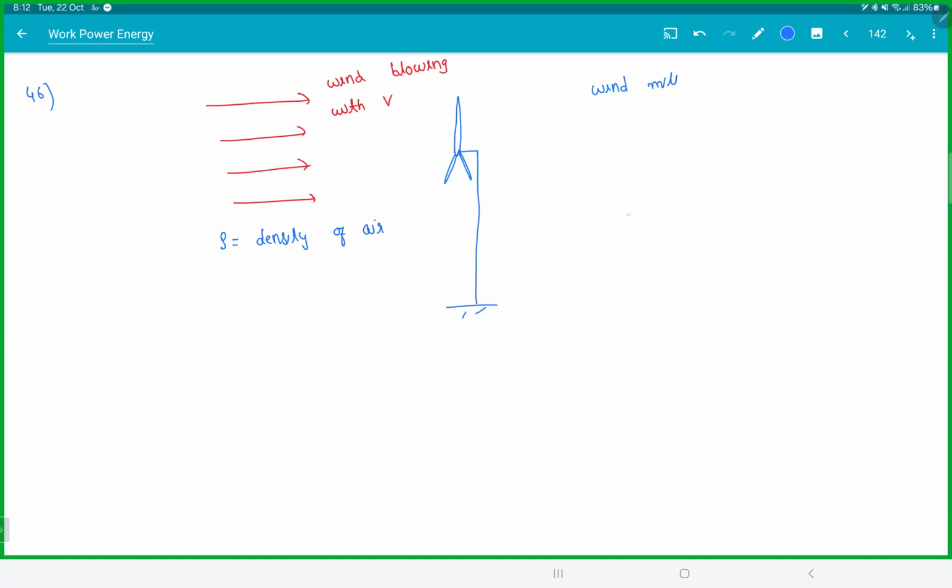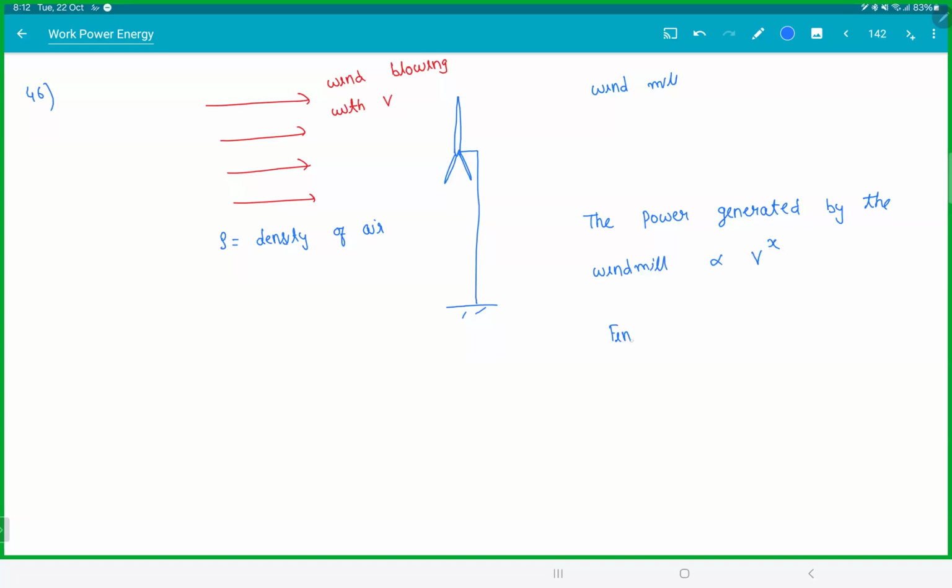So the question will be like this. Find the power generated by the windmill is proportional to v power x.